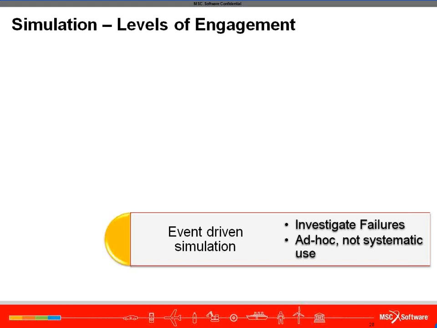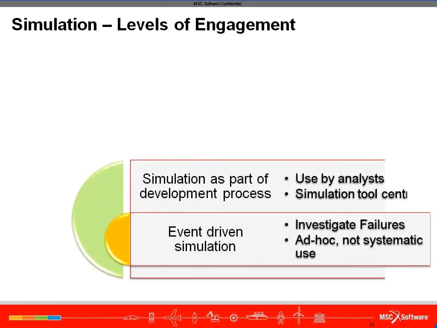Simulation is of very good value in this case, but if it is not applied until after occurrence of a problem, then it would be more expensive to eliminate the problem than it would have been if it was avoided at the very beginning. And by the way, this mode can be done in-house or through services provided by an external partner.